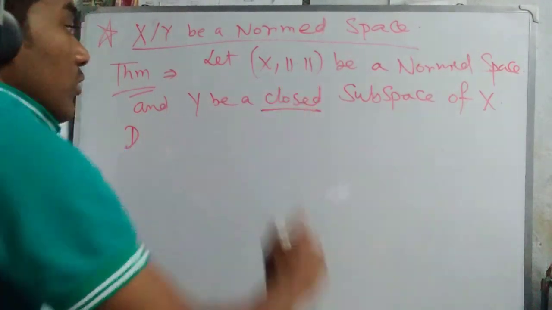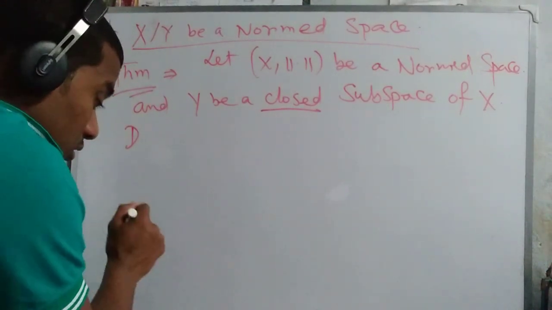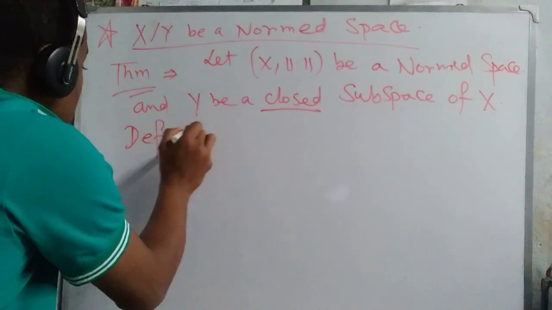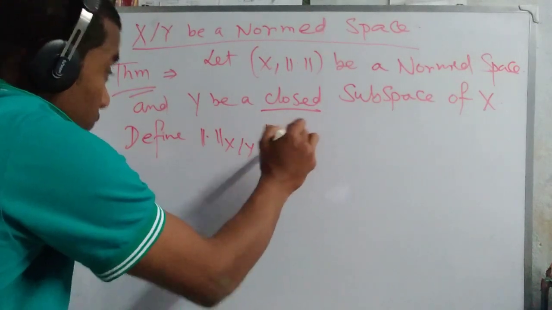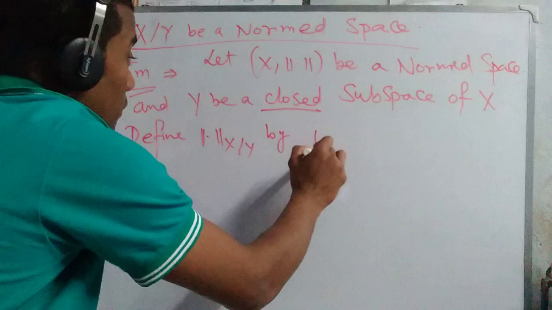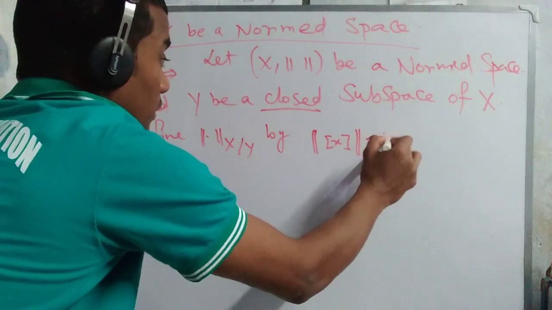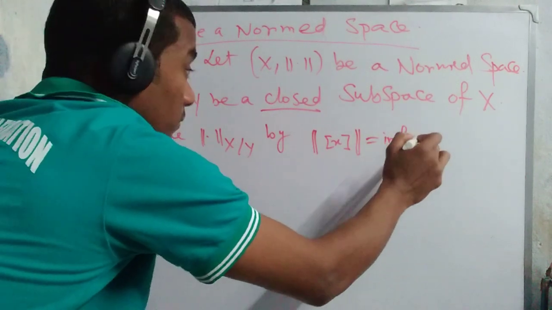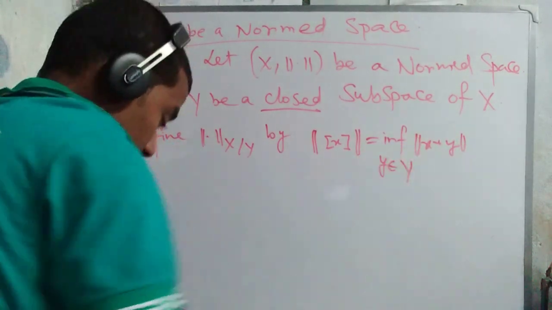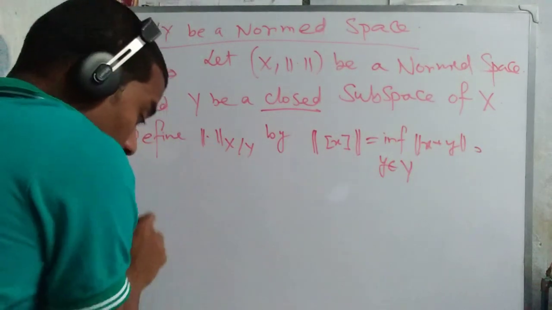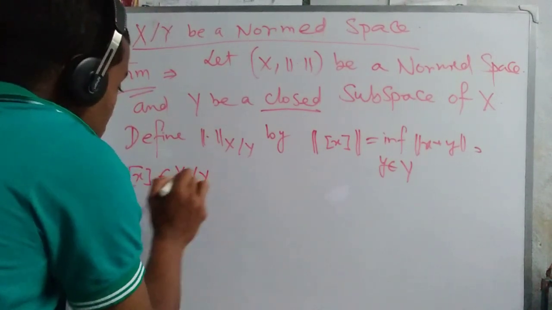Here we have taken a closed subspace, not just a subspace. Further, define a norm on X quotient Y by norm of [x] equal to infimum of norm of x + y, where y belongs to capital Y, and [x] belongs to X quotient Y.